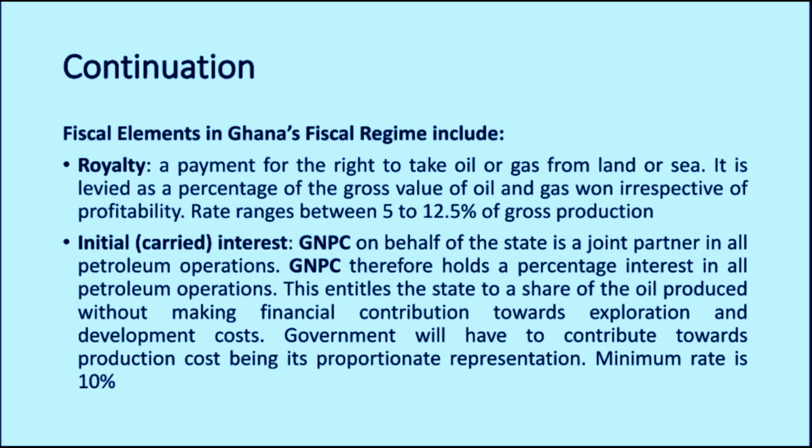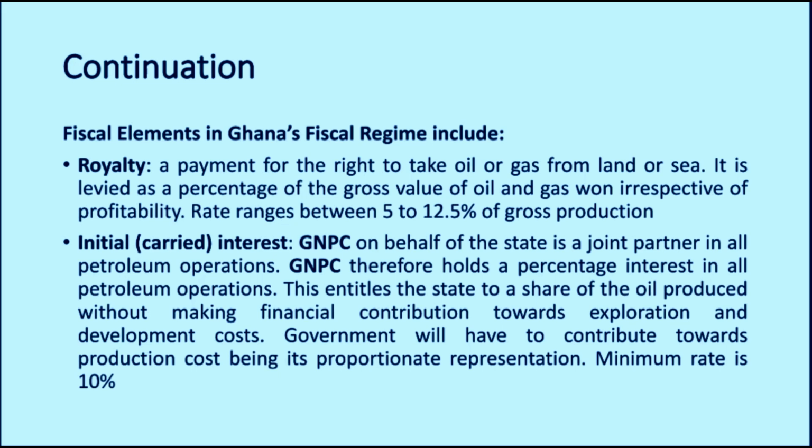So the royalty rate ranges between 5 to 12% of gross production. Now, in terms of royalties, when it comes to minerals, it is 5% of the gross income or gross production. So when you get any question relating to mineral royalties, you just take 5% of the gross income as the mineral royalties, or gross production, or gross value of minerals won, which is the production.